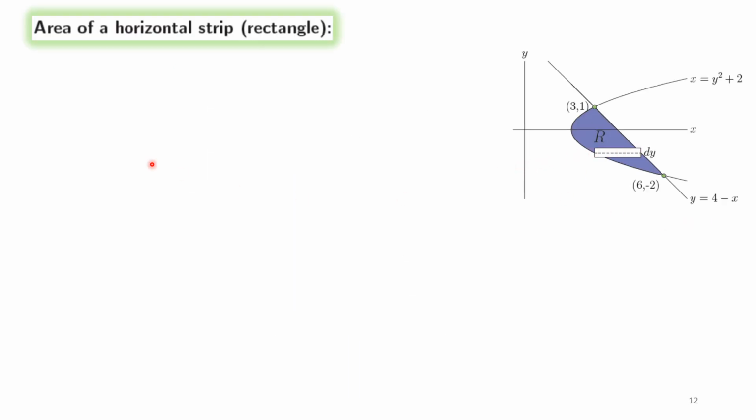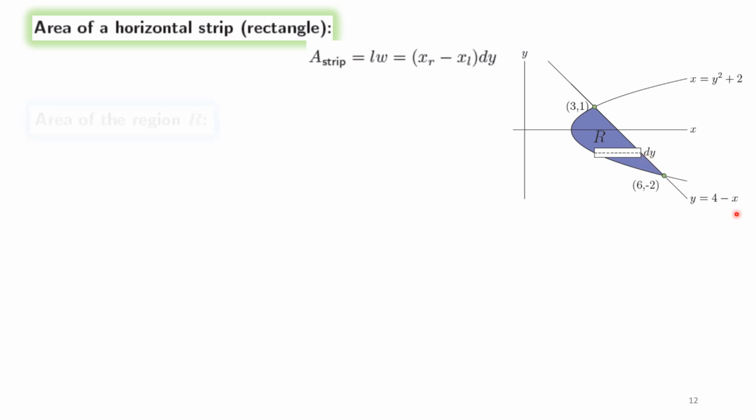Again, the area of the horizontal strip is length times width, which is x sub r minus x sub l, right to left, and then times dy, which is the width.